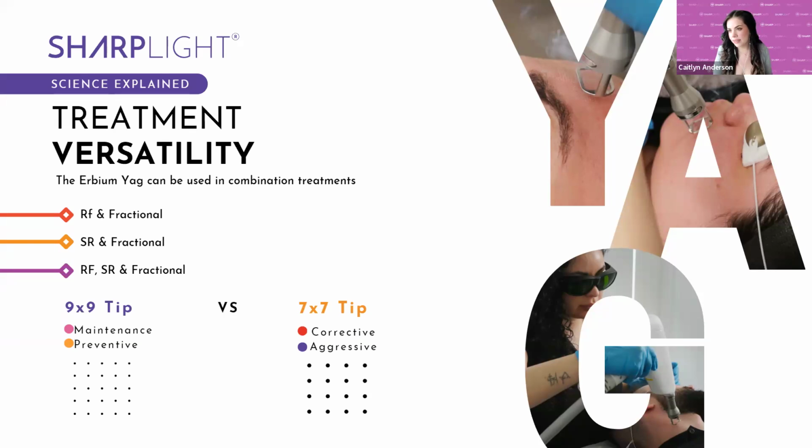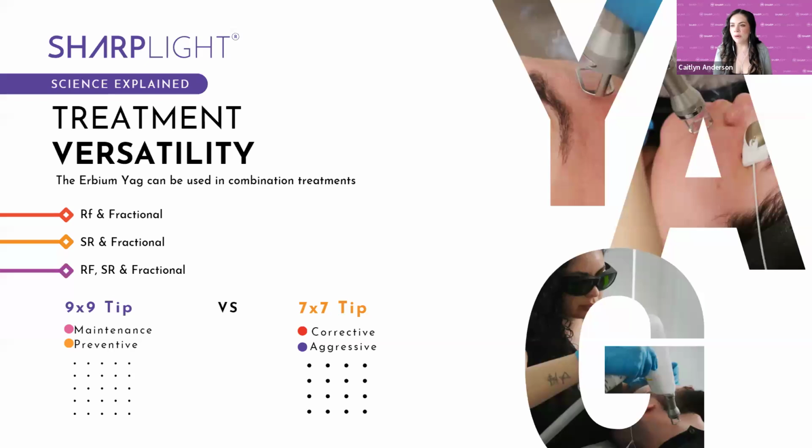The more you stack, the more it helps with the efficacy of the treatments, because you're treating multiple layers of the skin at the same time, building that heat, building the inflammation response, which in turn is going to give us an improved result on our skin overall.